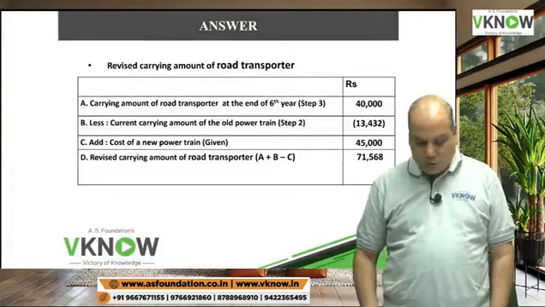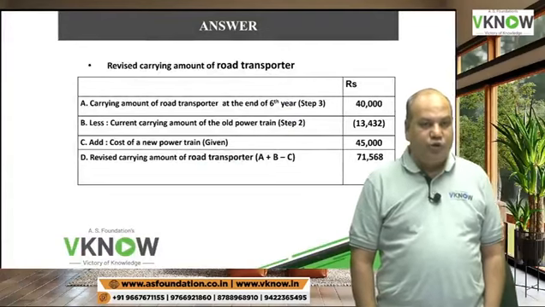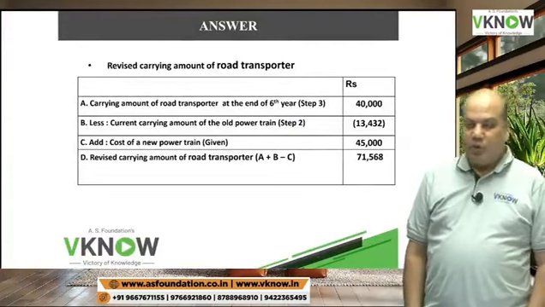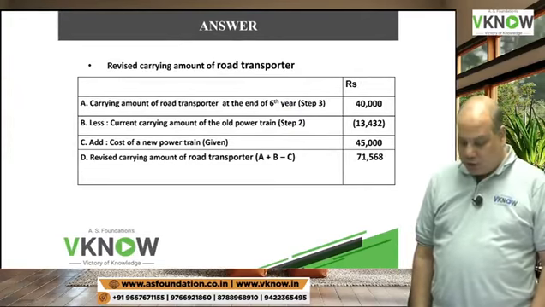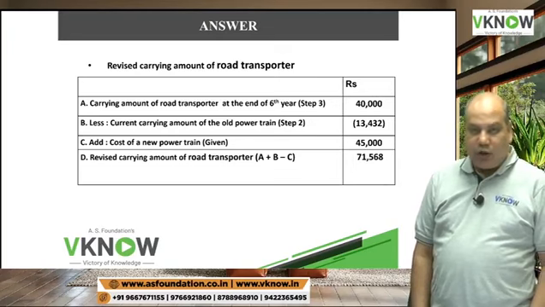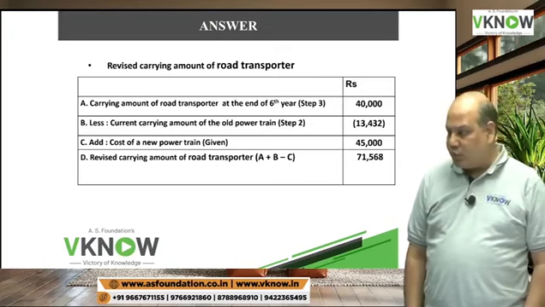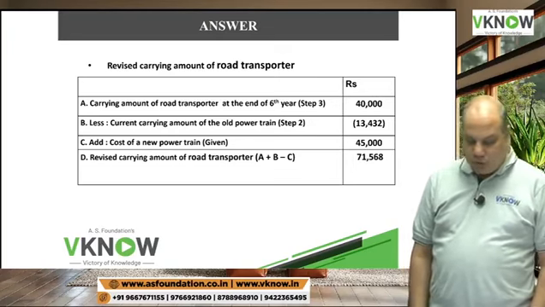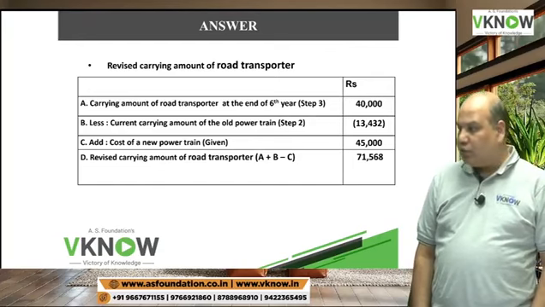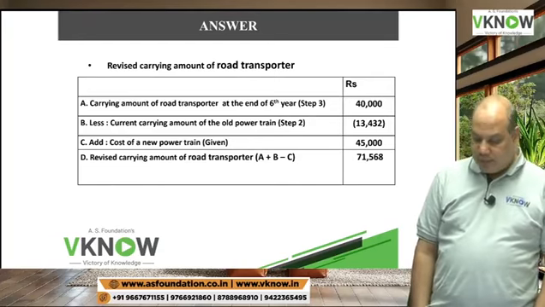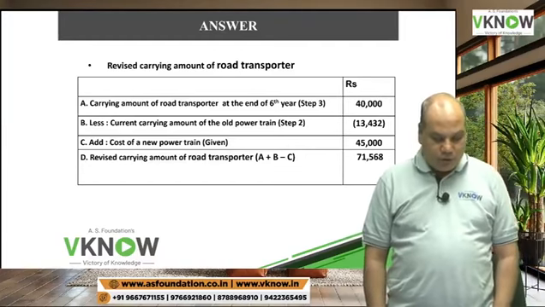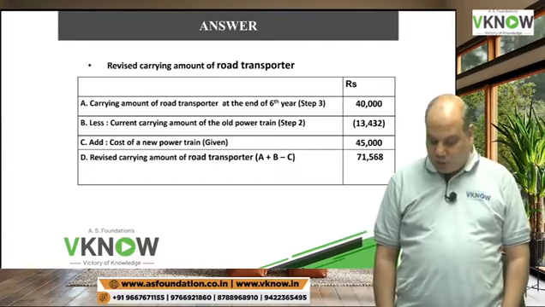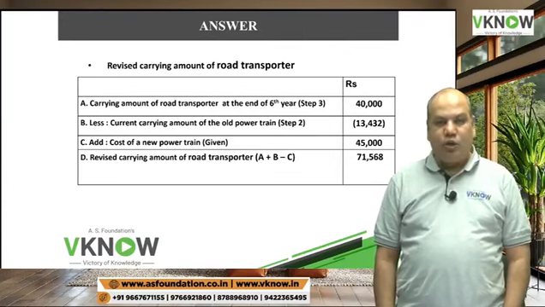And just write down below, if they ask you what will be the revised carrying amount of the road transporter, please write down revised carrying amount of the road transporter, right hand side rupees.